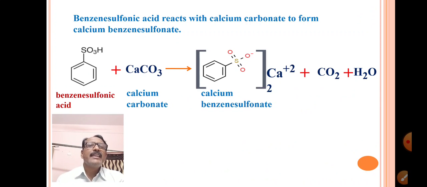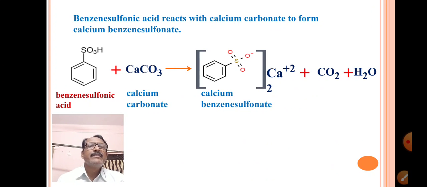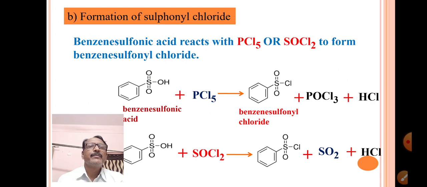With sodium hydroxide, it gives sodium benzene sulfonate, and with calcium carbonate, it gives calcium benzene sulfonate. See here, benzene sulphonic acid plus calcium carbonate giving calcium benzene sulfonate.